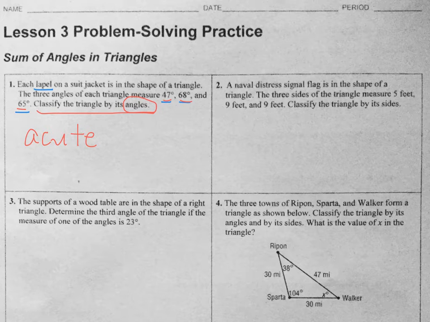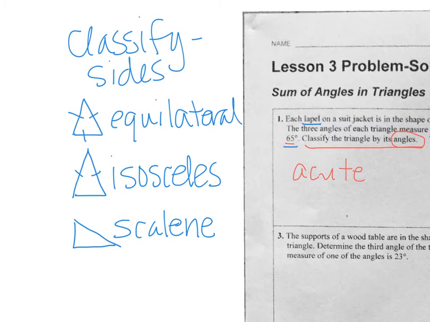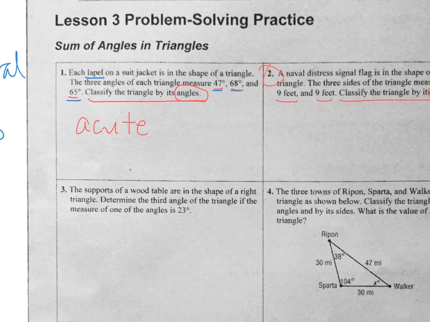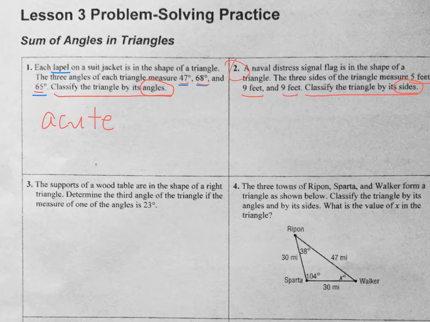Looking at number 2, it says a naval distress flag is in the shape of a triangle. The three sides of the triangle measure 5 feet, 9 feet, and 9 feet. Classify the triangle, this time by its sides. Look back at your information that we had just written earlier. Okay, and from there you can determine the type of triangle there.